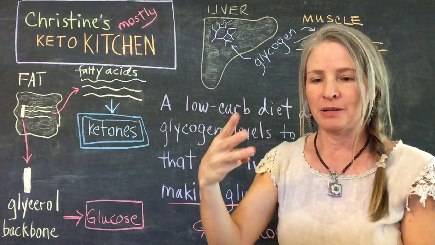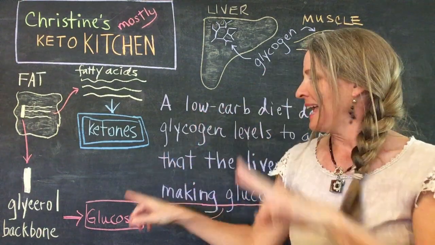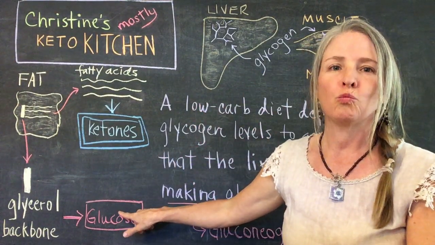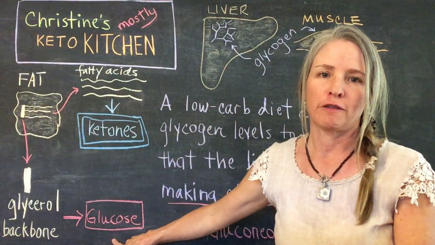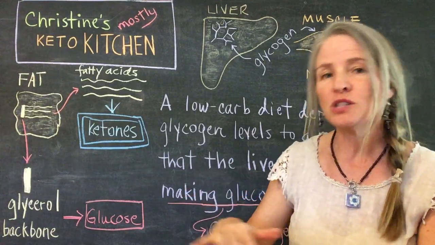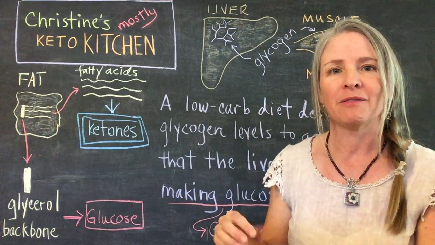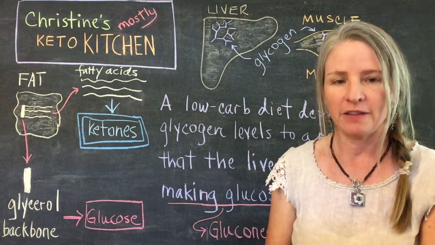Well, those 3 carbons and another 3 carbons get together, and that makes 6 carbons, and that's what makes a glucose. So this is one of the ways that our liver takes fat and then makes sugar from it. And then that goes into the bloodstream, and it keeps us at that 1 teaspoon level in your blood system that we've been talking about in some of the videos.